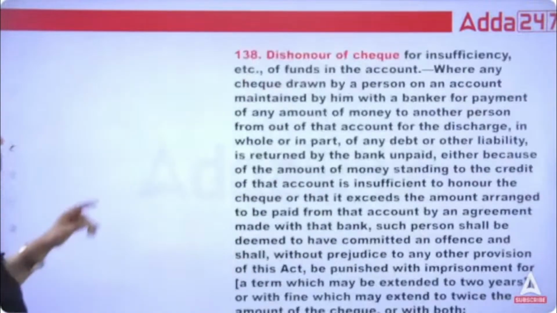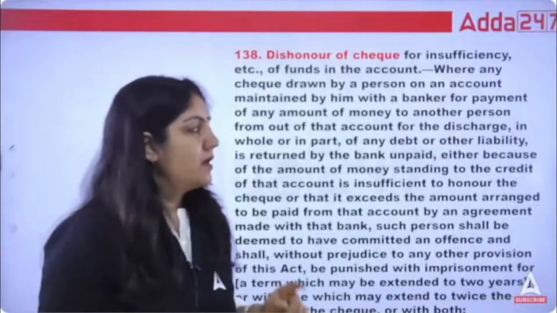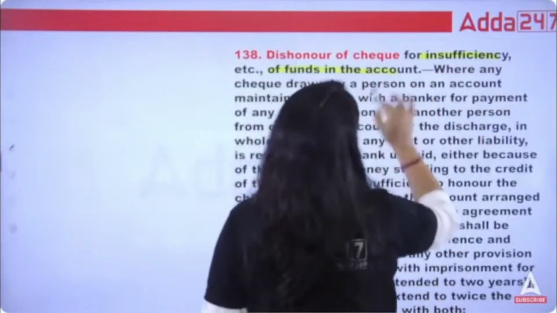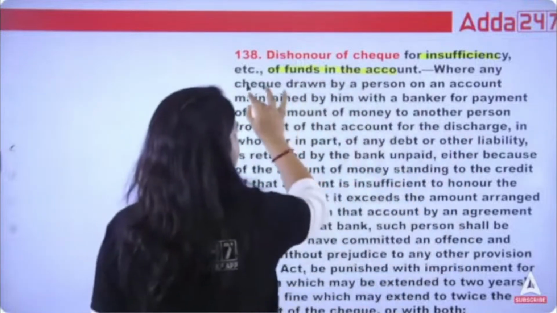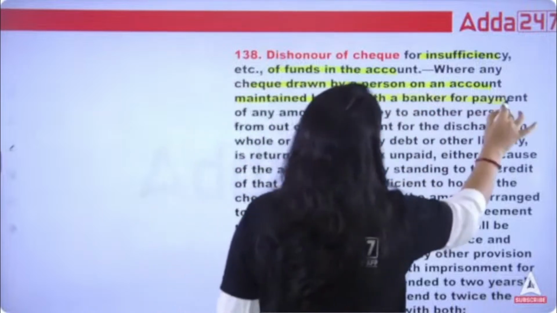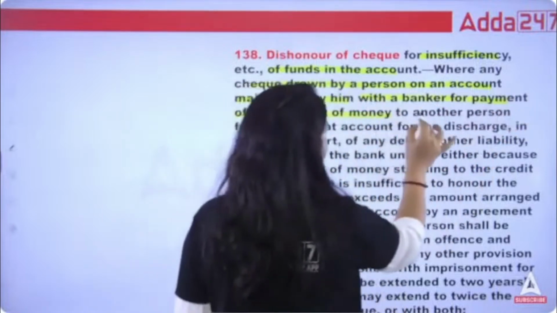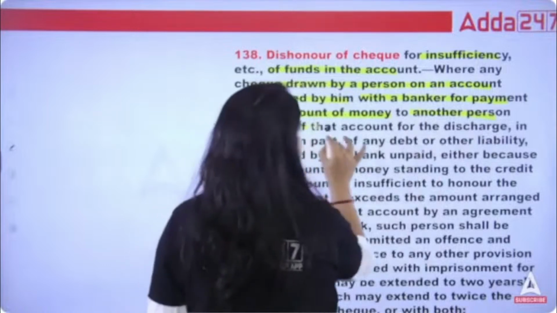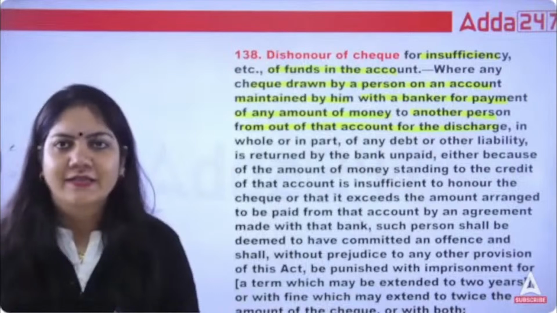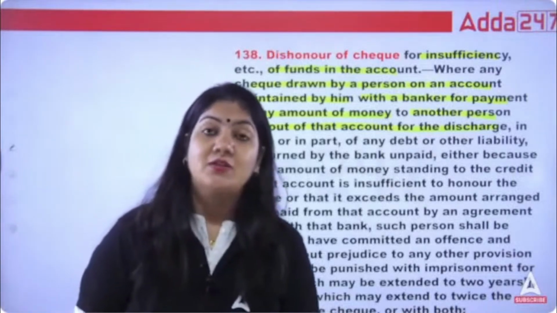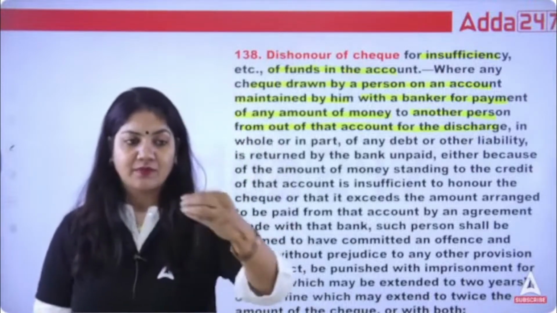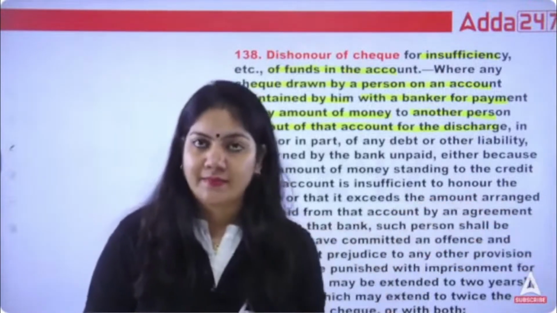No need. Dishonor of check. For insufficiency of funds in the account, where any check is drawn by a person on the account maintained by him with a banker for payment of any amount of money to another out of that account for the discharge of a debt, it is dishonor of check, which is given in Section 138 of the Negotiable Instruments Act. Suppose Nikita ma'am has given a check to Vinitha ma'am.